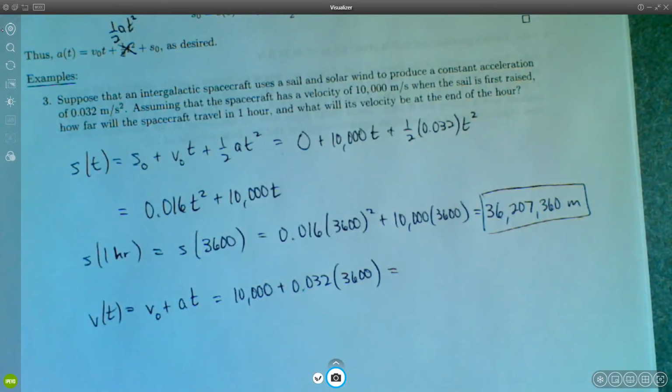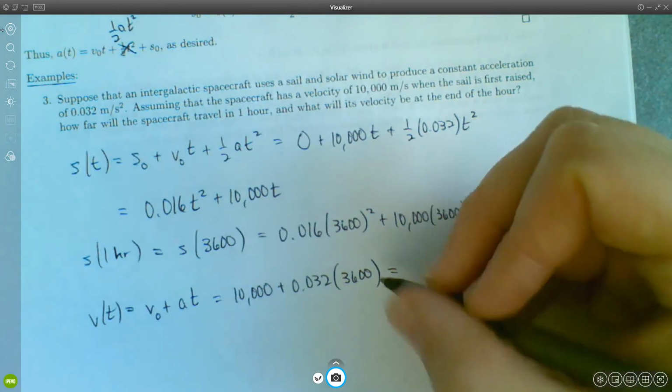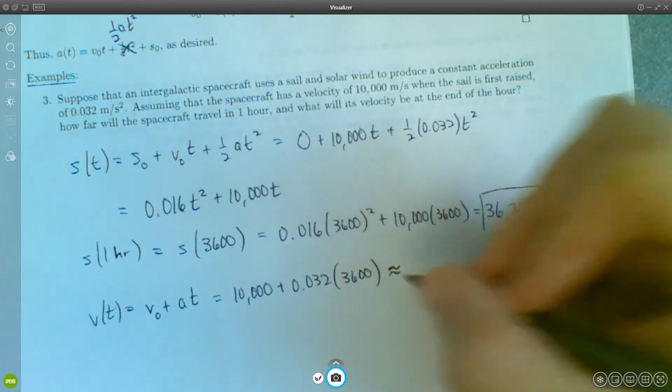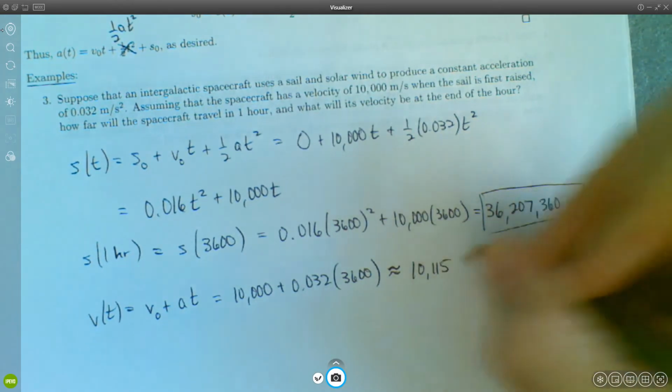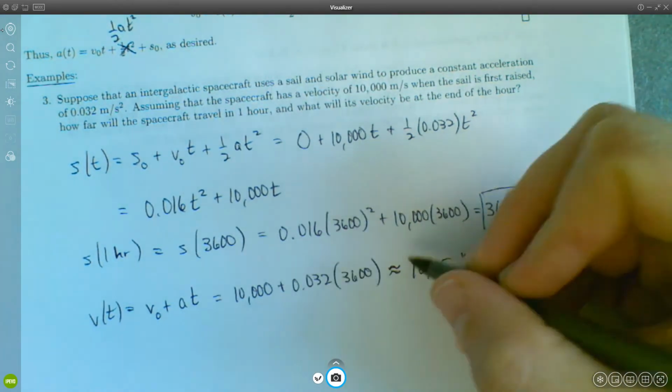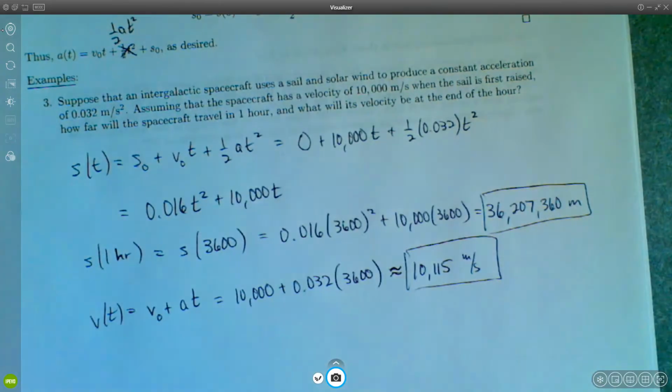Let's see. So maybe I'll round this, but it's about 10,115 meters per second. Okay.